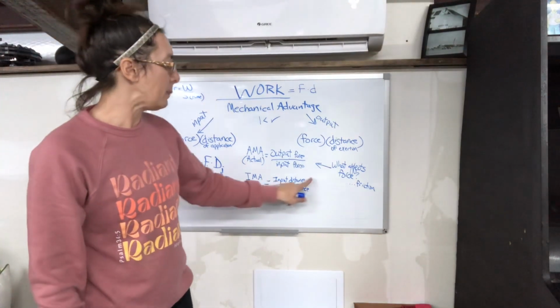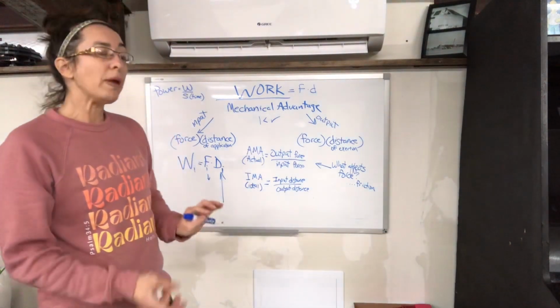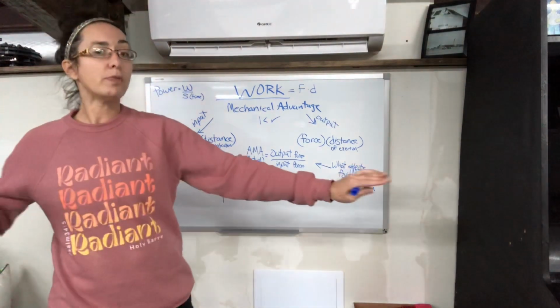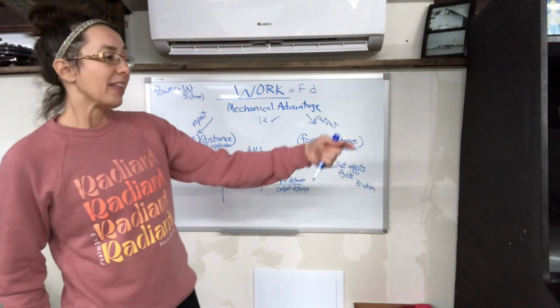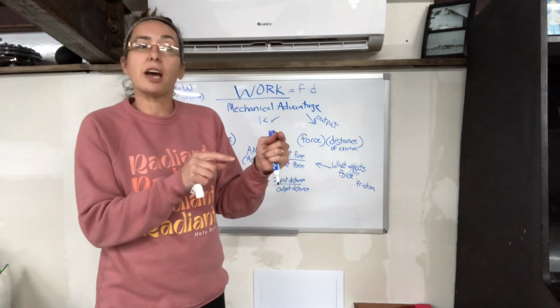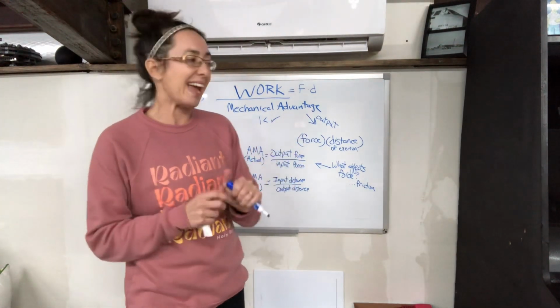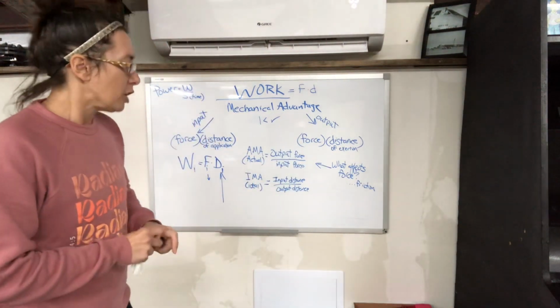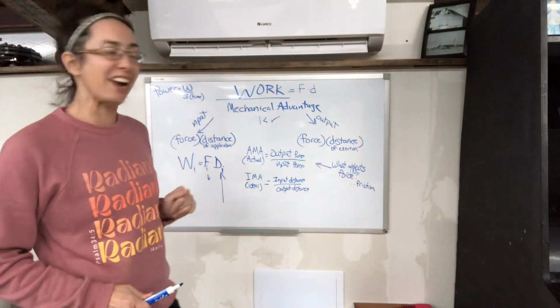And so we have our input distance over our output distance. So we might have to input force over a longer distance, but that means that our output might be really short, and that's what's going to be addressed whenever you do your fulcrum experiment today at the end of class. So that's how work works together.